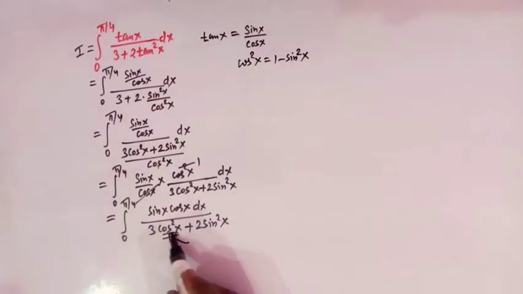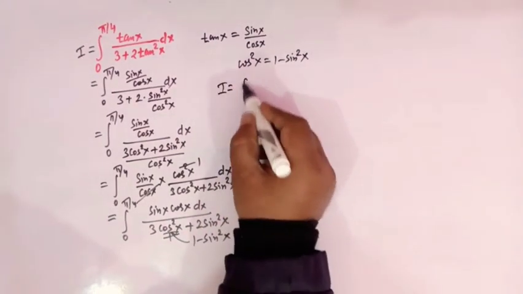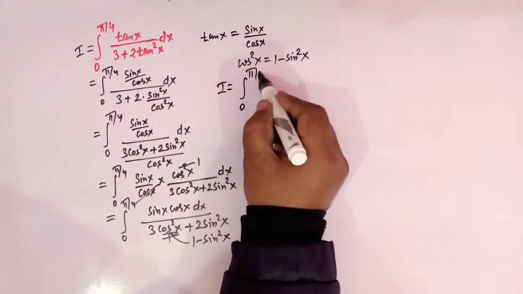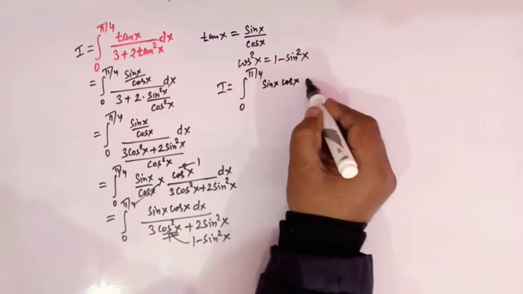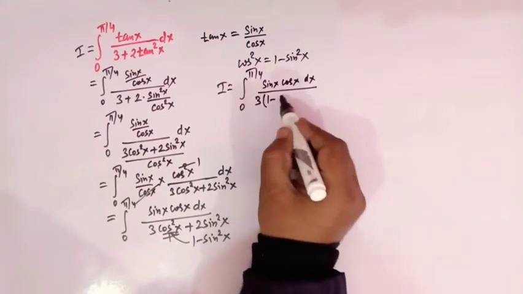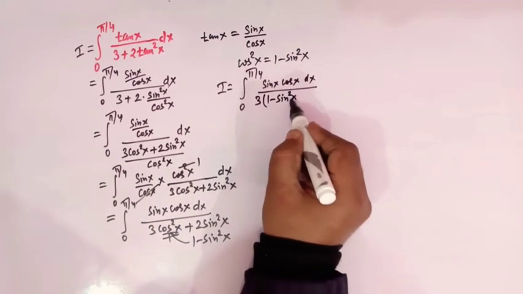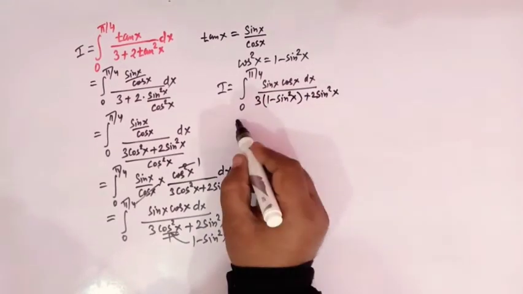So here we'll substitute 1 minus sin square x. So now this integral I becomes 0 to pi by 4, and we have sin x cos x dx over 3 times 1 minus sin square x plus 2 sin square x, right?